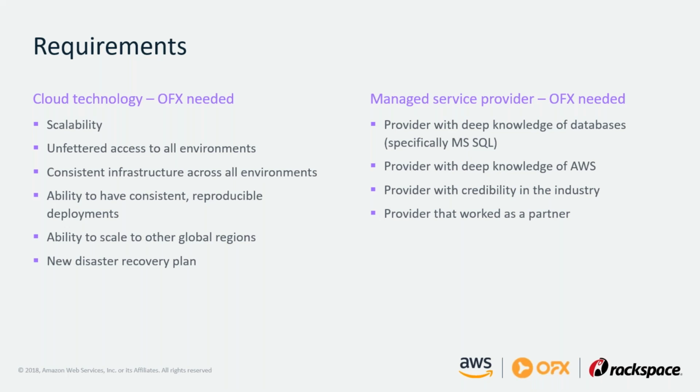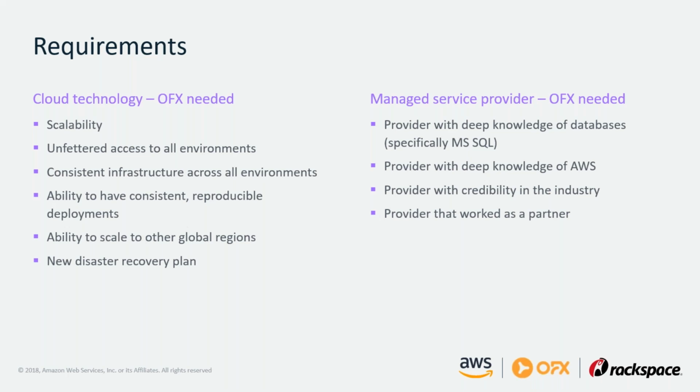So for the managed service provider, they said, we run MS SQL, so we need a provider with deep knowledge of databases generally, and specifically Microsoft SQL. We need to understand better how to run Microsoft SQL. We need a provider with deep knowledge of AWS because as their cloud technology, they had chosen AWS for the obvious reasons. We need a provider with credibility in the industry and a provider that worked as a partner.